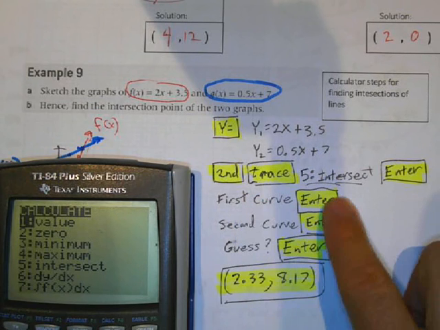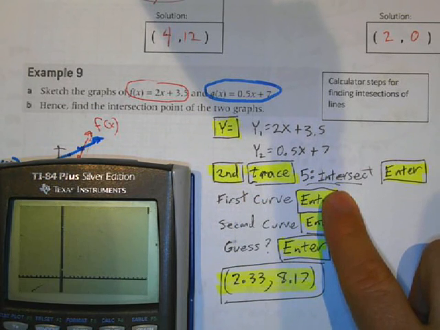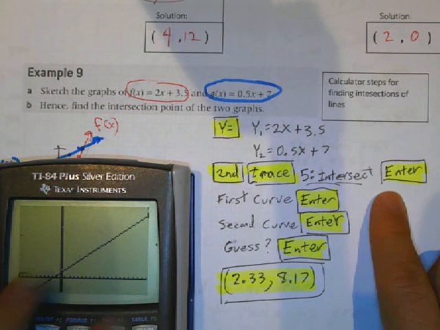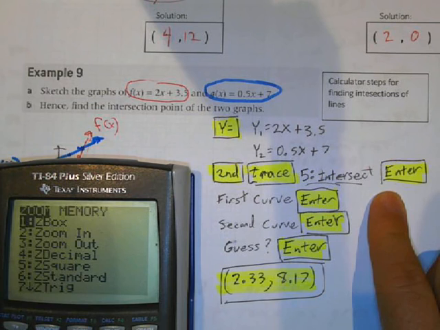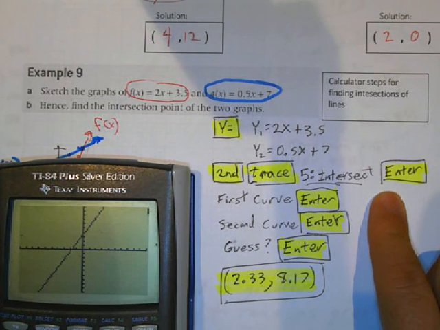I'm going to go 5 or hit intersect, and okay, my window's kind of messed up. I'm going to hit zoom 6 to get a normal looking window.